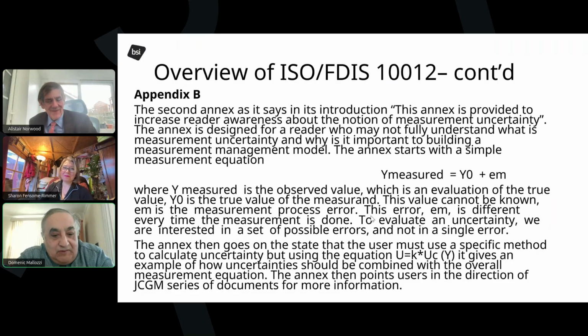But the truth of the matter is that it's a very easy concept to implement, and it's again related to what we used to call tolerance and accuracy. If you read through this, you'll slowly find that it is not as onerous as the other ISO documents would imply.